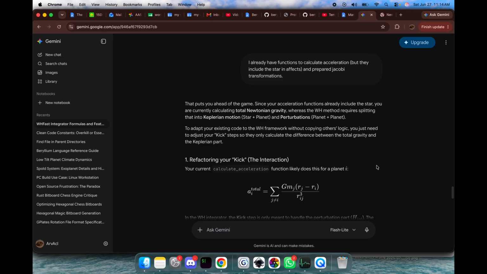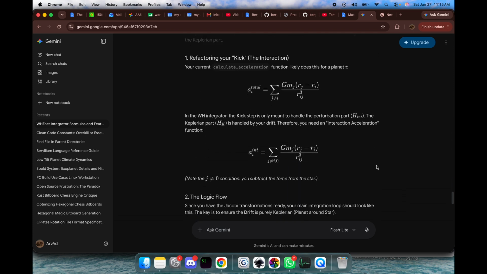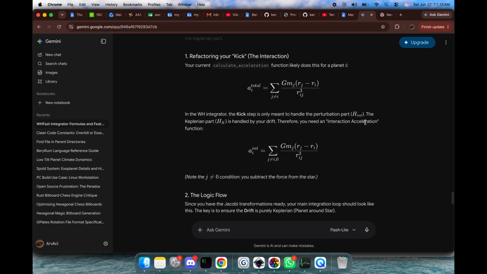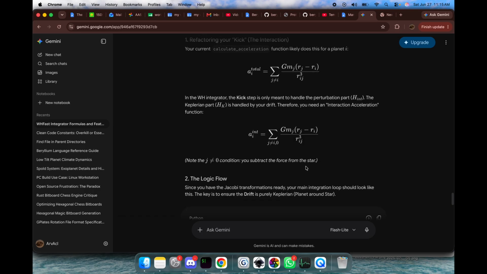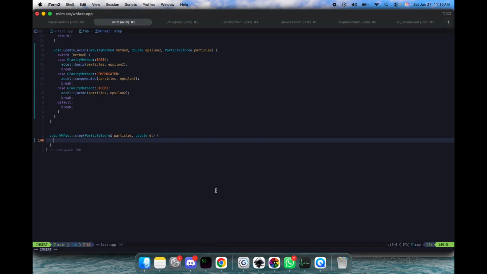Okay. So the kick is just, okay, need an interaction acceleration. Okay, so that seems trivial to do. I guess that's easy enough to do. I guess it works.